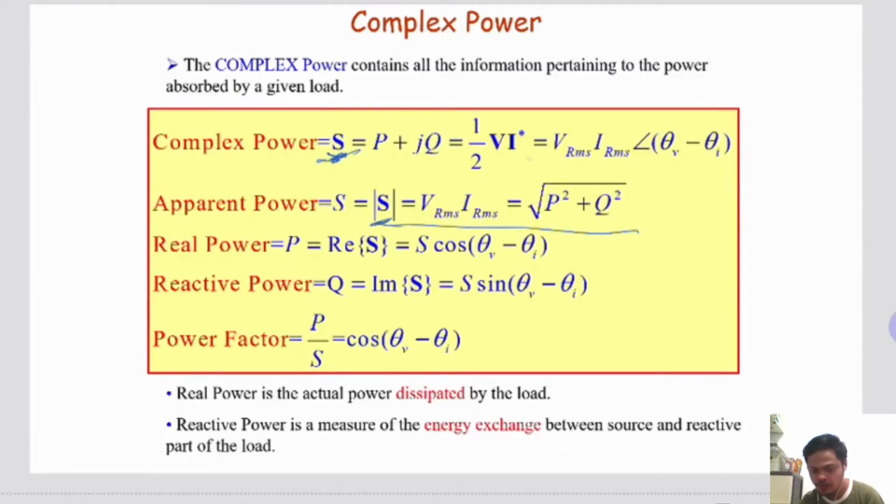For complex power, real power is just the cosine of S, and reactive power is the sine of S. Power factor is the ratio between real and apparent power.